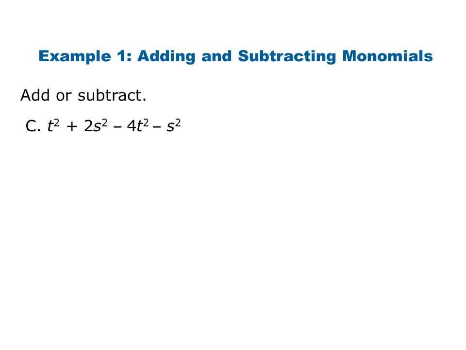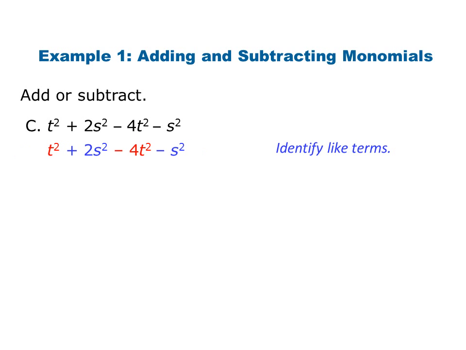Now here we are going to add and subtract, meaning that we're going to combine like terms. So look again. t squared, 2s squared, negative 4t squared and negative s squared. Which do you think are like terms? Those are the ones you either add or subtract.